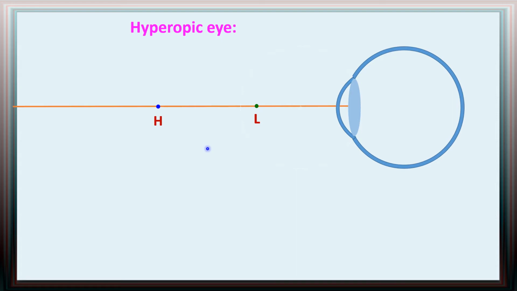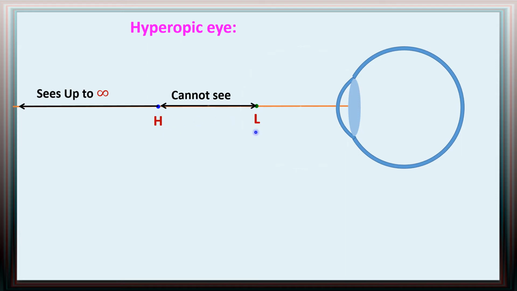Just now I have explained what H is. H is the near point. So this hyperopic eye can see things from H to infinity. If an object is placed between H and L, he cannot see. From L to H, cannot see. From H to infinity, he sees.